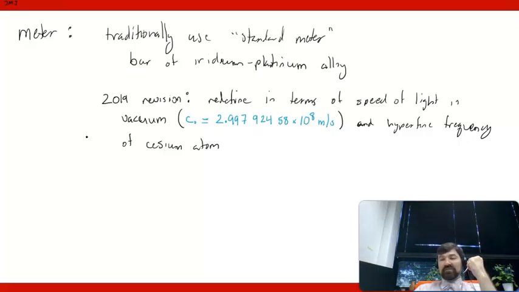Does that mean that all your meter sticks are now inaccurate if they were made before 2019? No, not really. The difference is so minuscule that the precision of a meter stick doesn't capture it. So a meter stick is still a meter stick to plenty of precision, to within the limits of precision that it already had. All right, that's your meter.